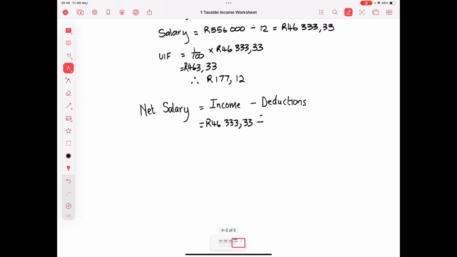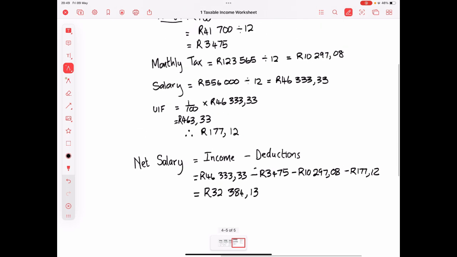Subtract our pension, which is 3,475 Rand. Subtract your tax, which is 10,297 Rand and 8 cents. Subtract your UIF, which is 177 Rand and 12 cents. And you will end up with 32,384 Rand and 13 cents.